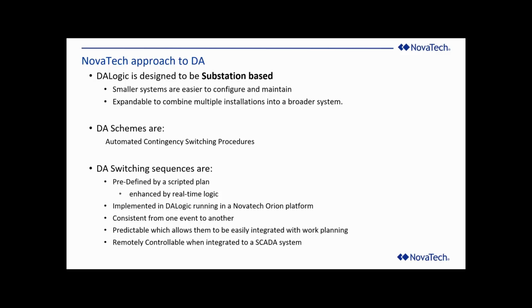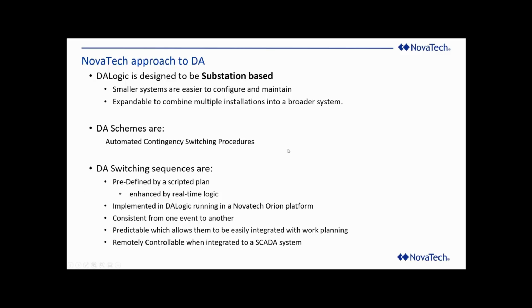It does not have to be a dedicated second RTU or a second Orion, although there are some good reasons to run DA logic in a second Orion alongside the RTU if you choose to, which allows you to modify the logic running in the DA system without affecting the operations of your substation and vice versa.